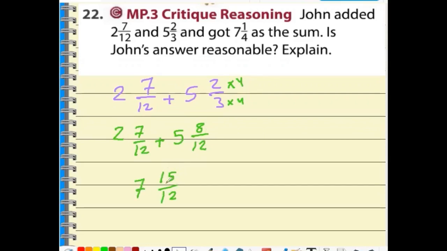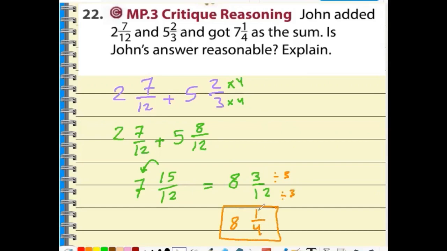Look, this number is bigger than the number down. What should I do? Add 1, so it will be 8, and subtract: 15 minus 12 is 3 over 12. You can simplify as well by dividing by 3. So the final answer is 8 and 1 over 4.